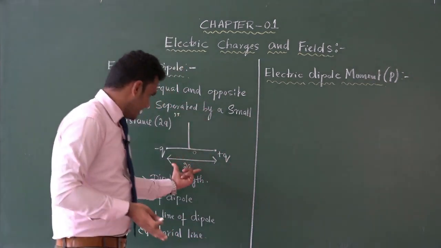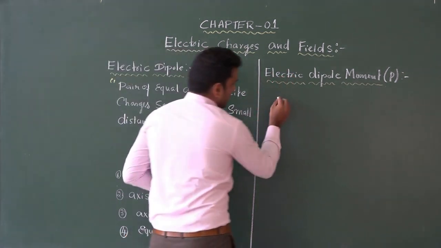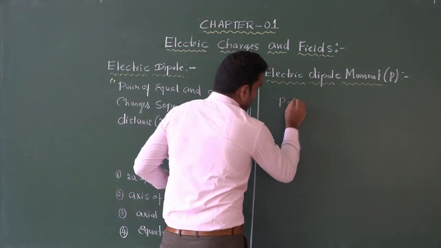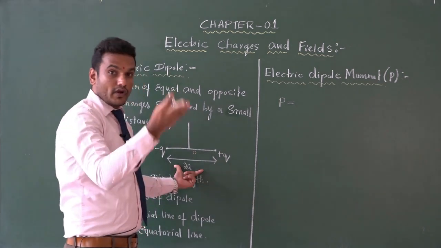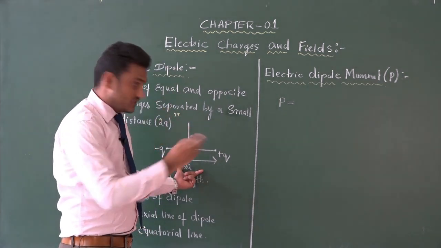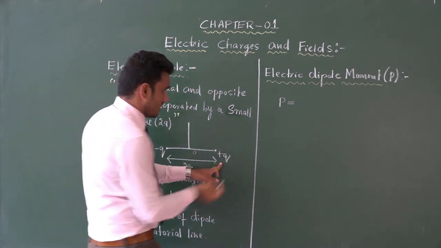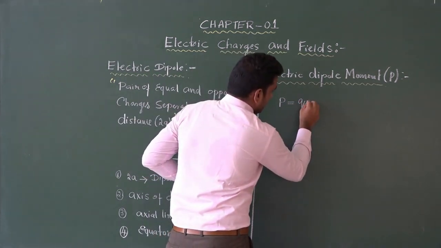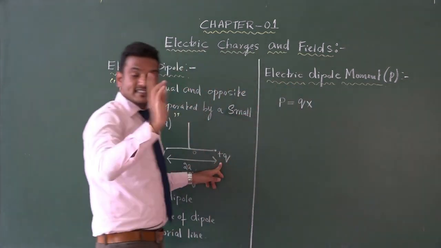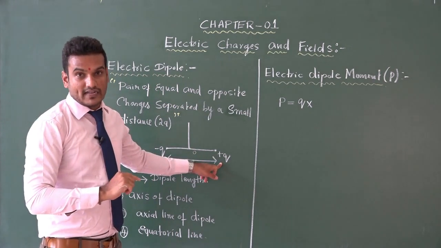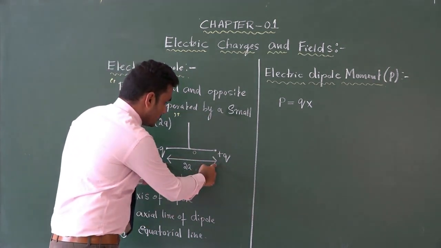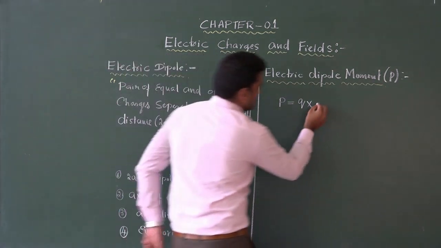You can consider this diagram. Electric dipole moment is represented by P and it is defined as the product of the magnitude of either charge, you can take any one charge, for example Q, and the distance between the two charges of an electric dipole. What is the distance between the two charges? 2a.